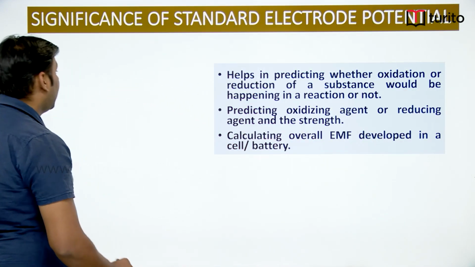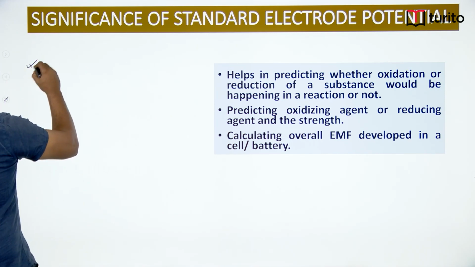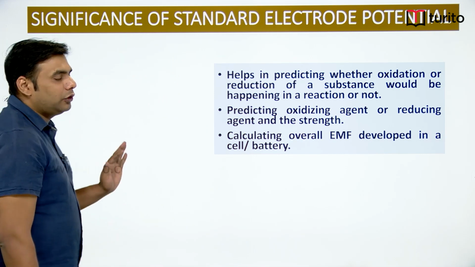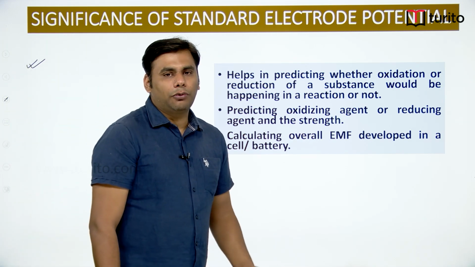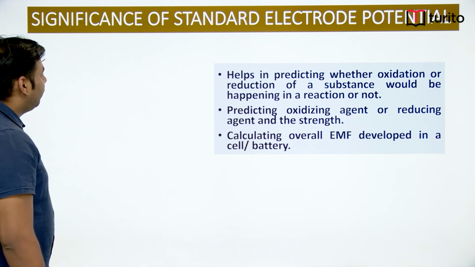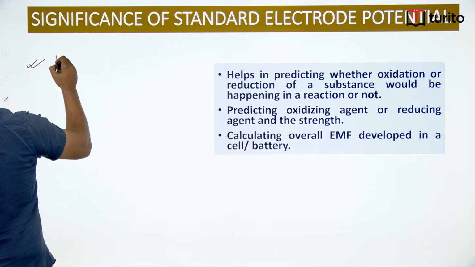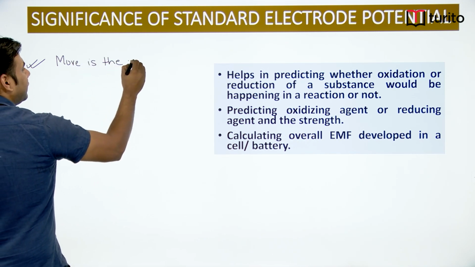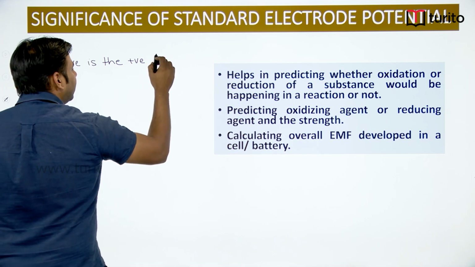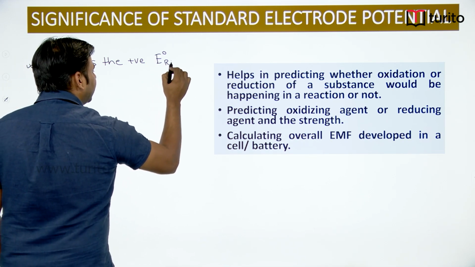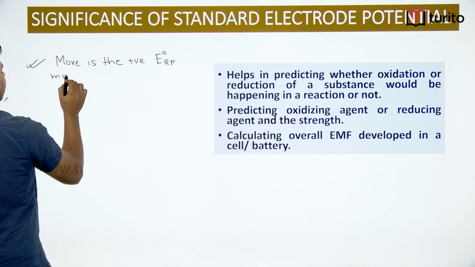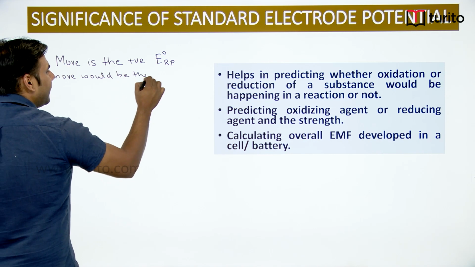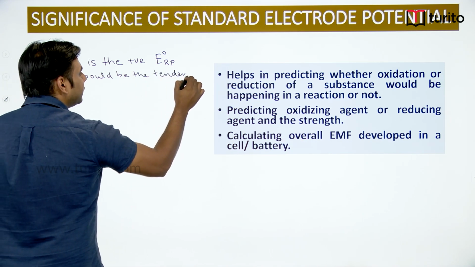Now let us understand the significance of standard electrode potential. A few points which we have to remember before we jump onto the important theory in this chapter. The first thing is, the more positive the reduction potential, the more would be the tendency of the substance to get reduced.